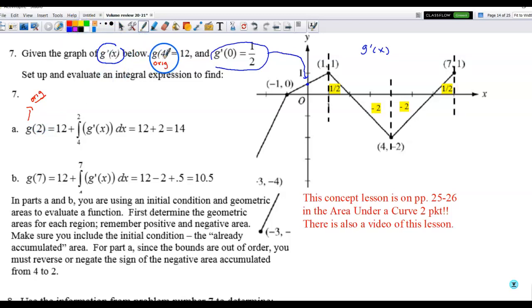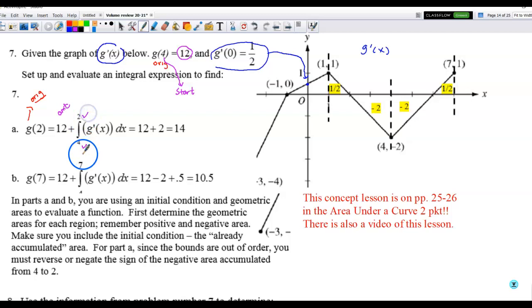So we're going to start our area accumulations. Remember, it's like area has already been accumulated. We're going to start at 4, and this is the amount of area already accumulated. So this is my already accumulated amount. I'm going to accumulate from, this is my start, 4 to 2.